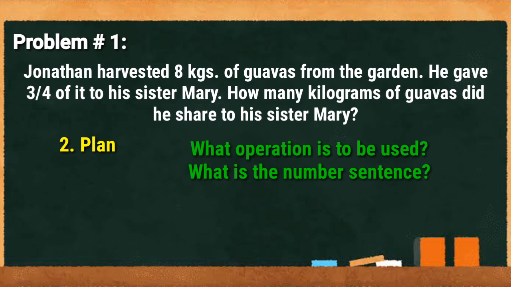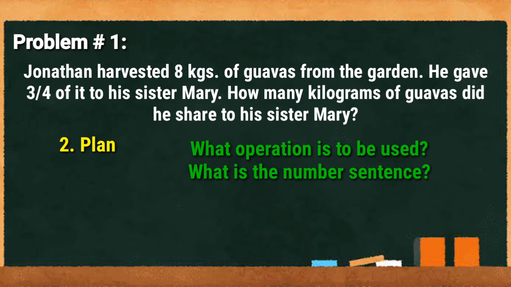Since you already have the given facts, you are now ready to find the operation to be used. In this kind of problem, we can say that this is multiplication. In order for us to know the number of kilograms of guavas he shared to his sister Mary, we need to multiply.